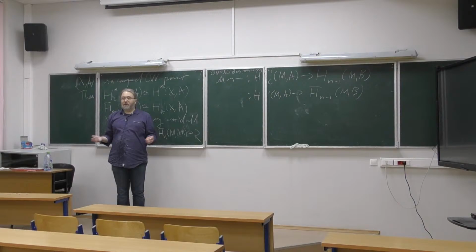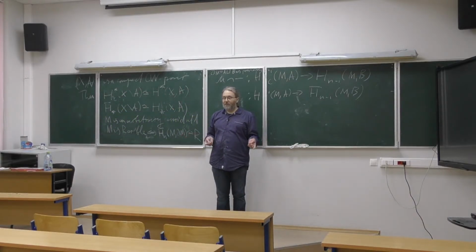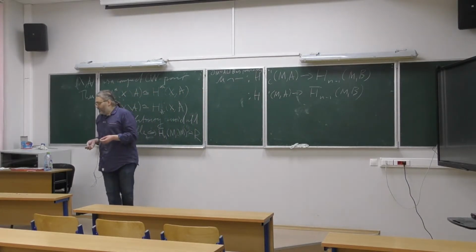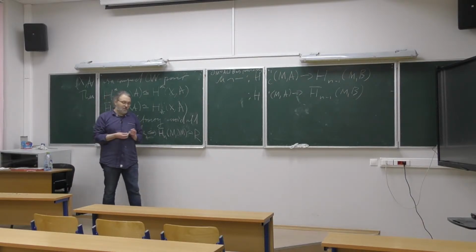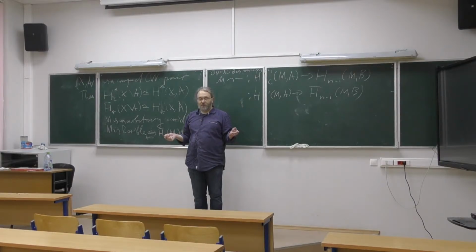Now, one could ask, who cares about manifolds which are neither compact nor without boundary? Actually, manifolds of this type do occur, for example, in group cohomology. There are examples of manifolds with boundary which are K(pi,1)s.